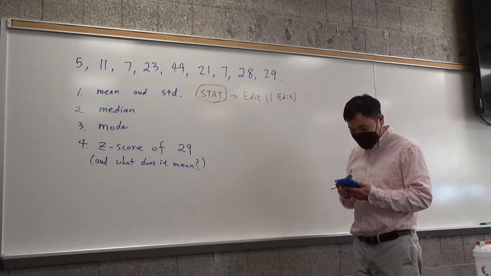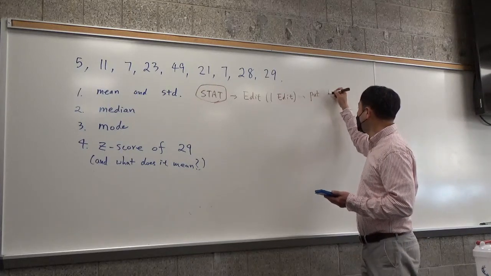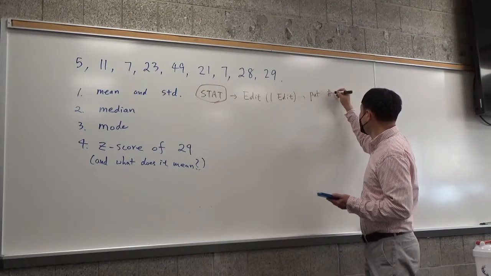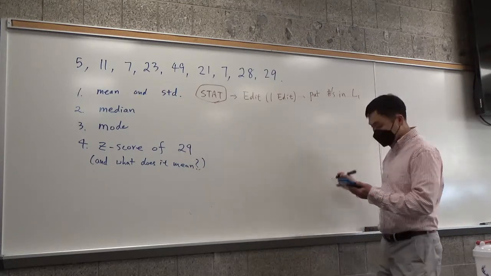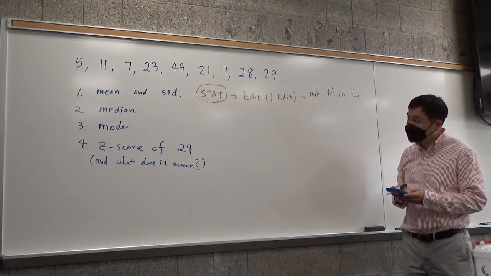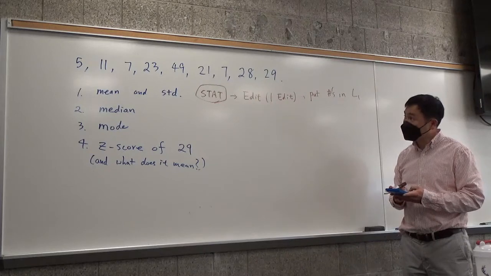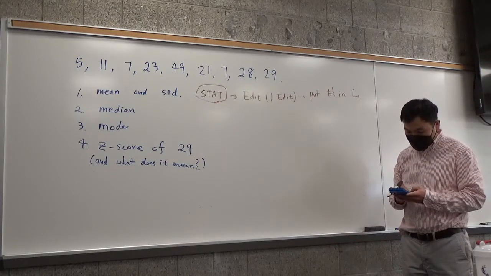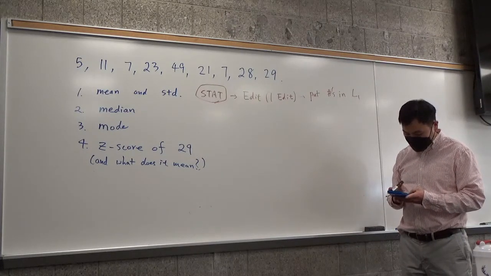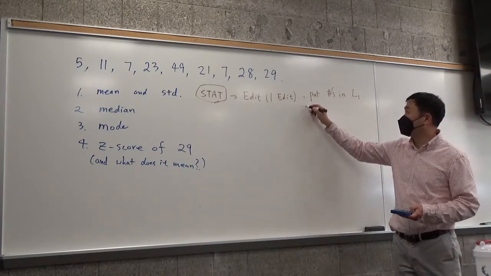And then put these numbers in L1: 5, 11, 7, 23, 49, 21, 7, 28, 29. Okay. And then once you do that, you quit.